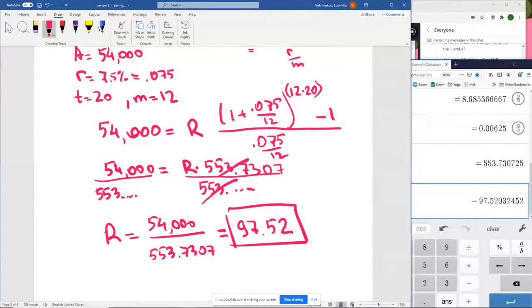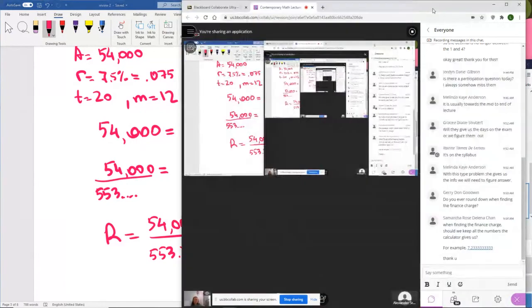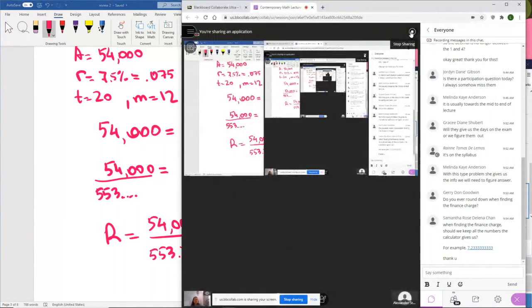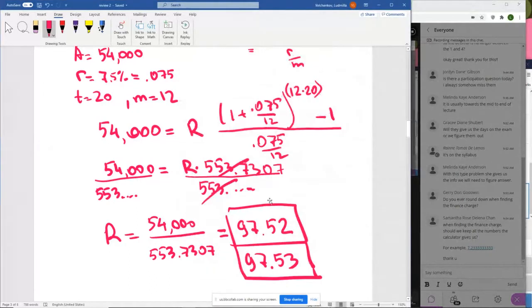I'm not sure whether it should be 97.52 or 97.53, but I will accept both versions as correct. In theory, one must round up, but we have 0 here, so I don't know exactly how they do it, and I will accept both answers in this case. Okay, so let's just check. Any questions to this problem?